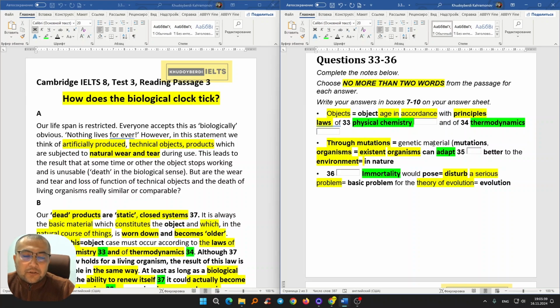Don't be tricked by some kind of reading strategies. No reading strategy can work as long as you have low vocabulary and low grammar. That's why work on your grammar and vocabulary if you want to solve maybe 35 to 40 questions in the test.